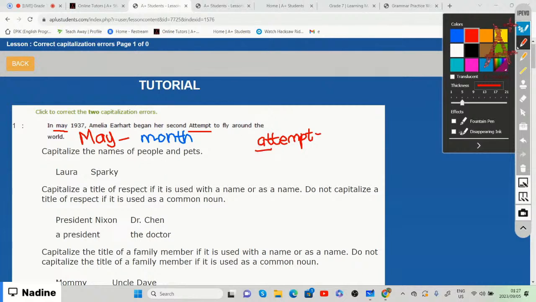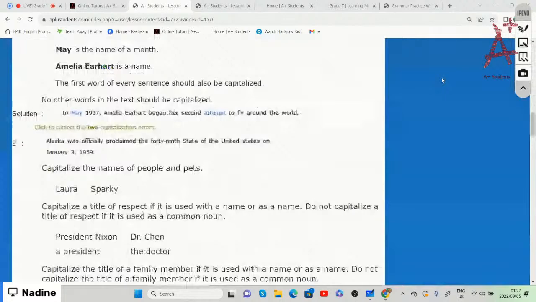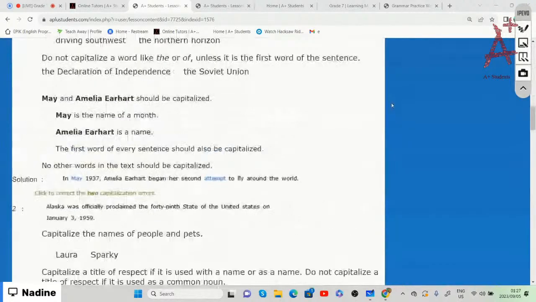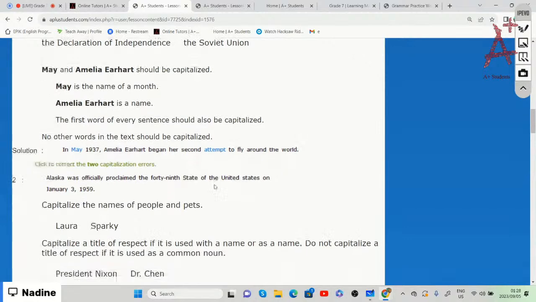So that is the two capitalization errors that we have identified, right? So we already chose May as well as attempt.